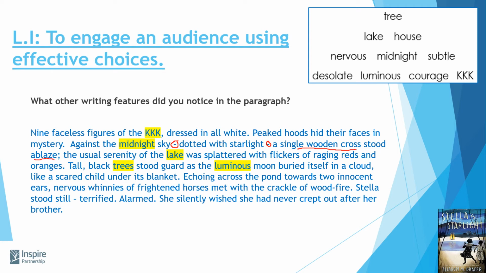It's on fire, and we can see that that's burning against the midnight sky. Now that parenthesis, dotted with starlight, is talking more about the sky over here. It's adding extra information about the sky. So we've used dashes there for parenthesis.